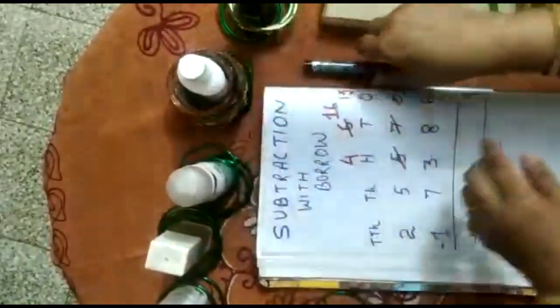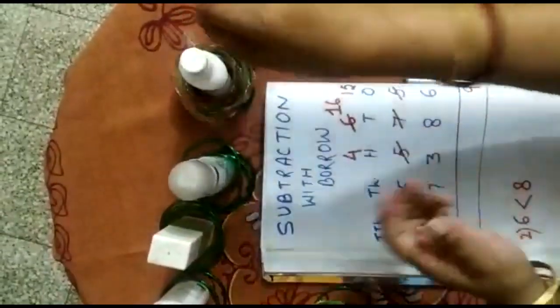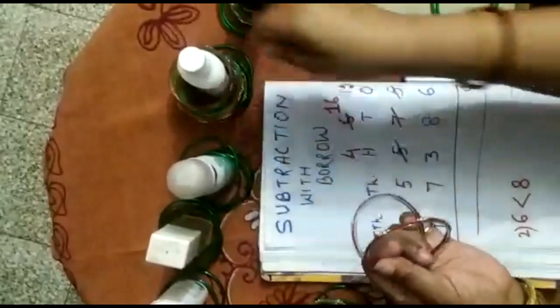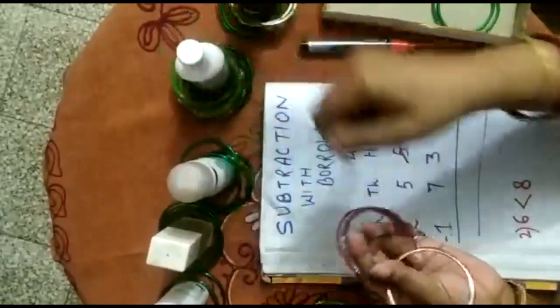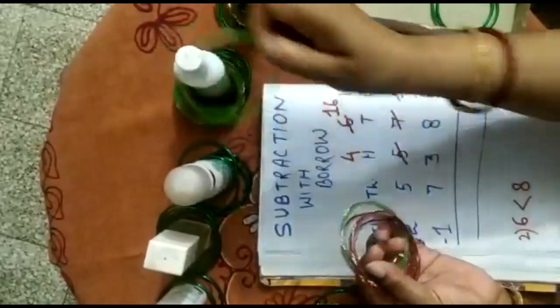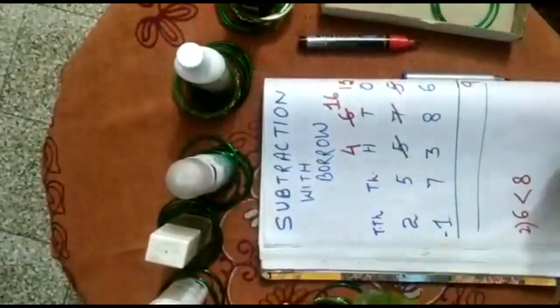From 16, I have to take away 8. So I will take away 8 bangles. 1, 2, 3, 4, 5, 6, 7, 8.